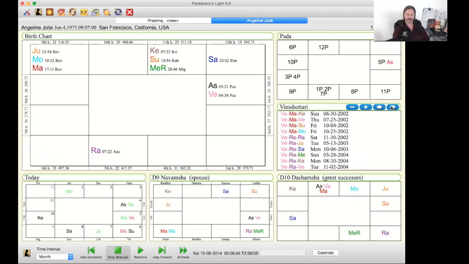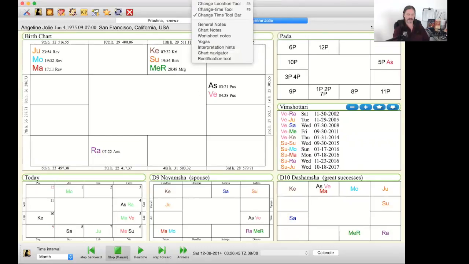Think about this software, it doesn't have an auto scroll. So anyway, she went from Venus Ketu when Saturn was at the very end of Libra, and then she married Brad Pitt when it had first gone into Scorpio. Then by the end, she went into the Sun Dasha. As you can see, Venus Ketu, she went into it in July 2013.